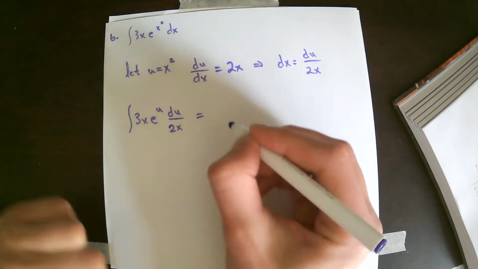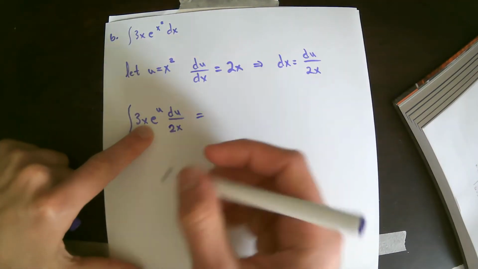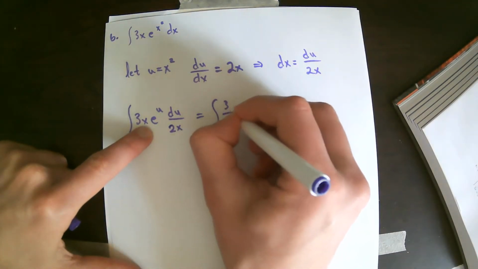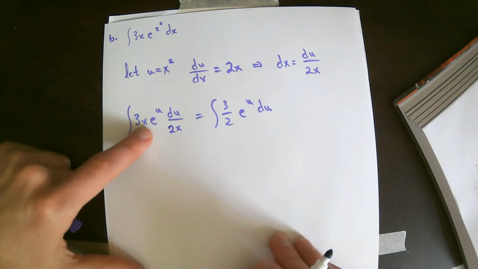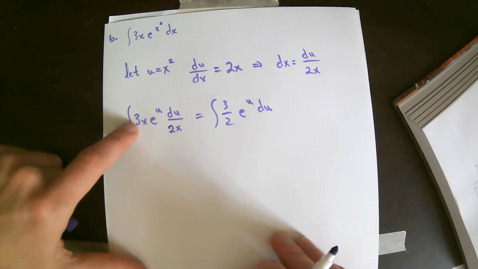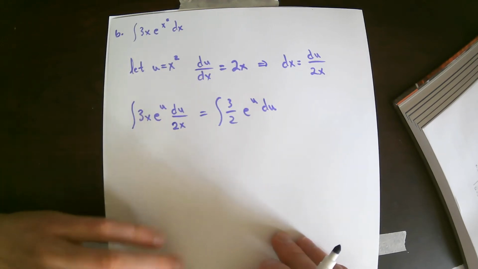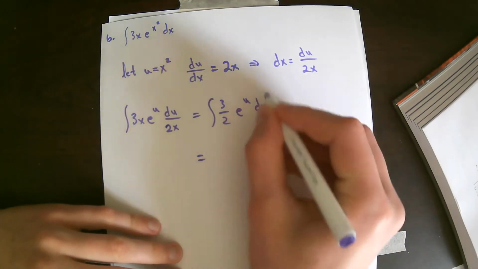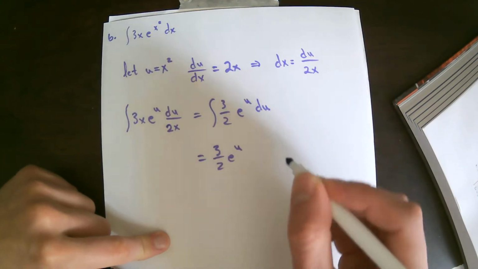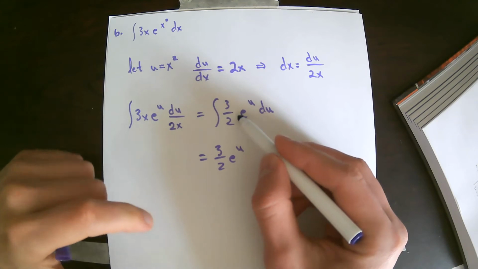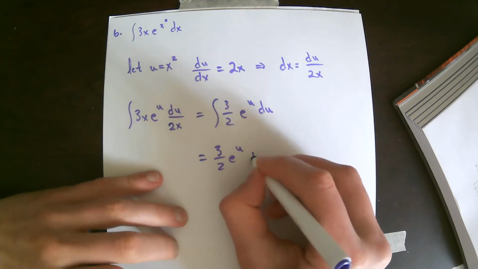And now, see these x's, they'll cancel. I'll be left with integral of 3 over 2 times e to the u du. 3 over 2, and the x's cancel. But e to the u du, that's just e to the u, right? Integral of e to the u is just e to the u.